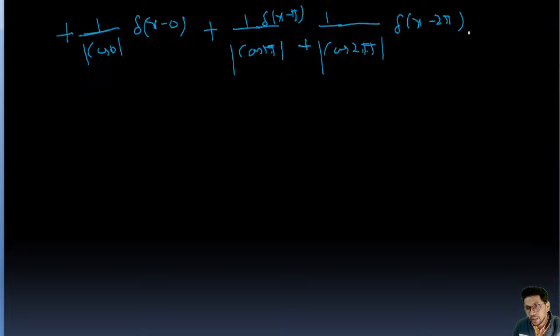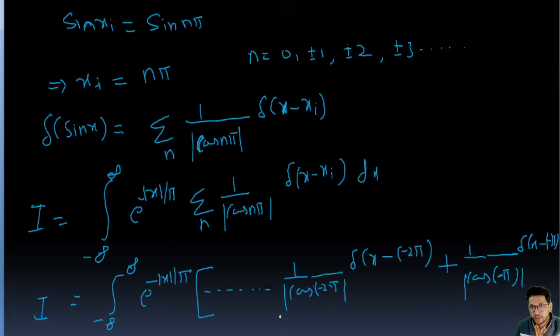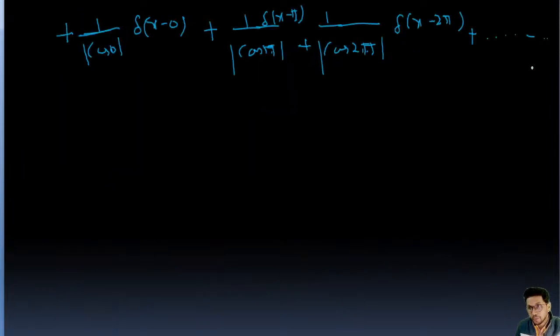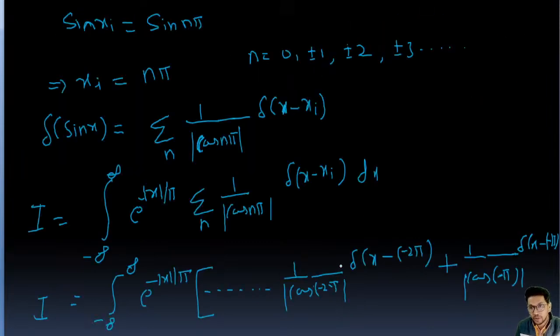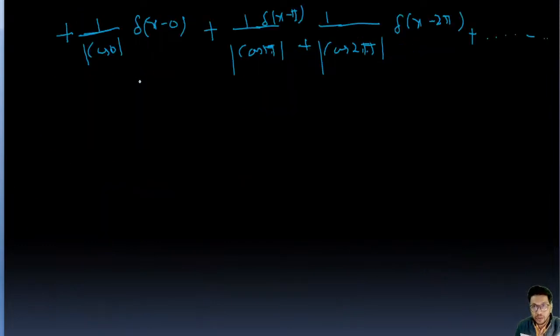And so on, because the values are plus minus 1, 0, plus minus 1, plus minus 2, and so on. So these are the values we have put from minus infinity to plus infinity: here n equal to minus 2, here n equal to minus 1, here n equal to 0, then n equal to 1, and n equal to 2.